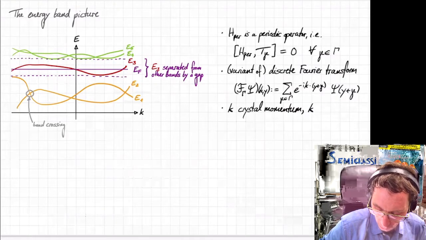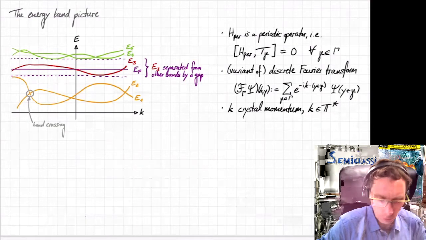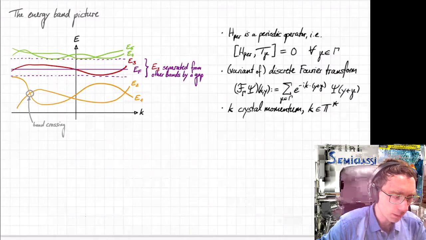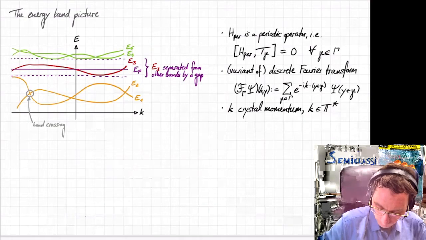K is an element of the d-dimensional torus, but to distinguish it from the real space torus, I will add a star here.